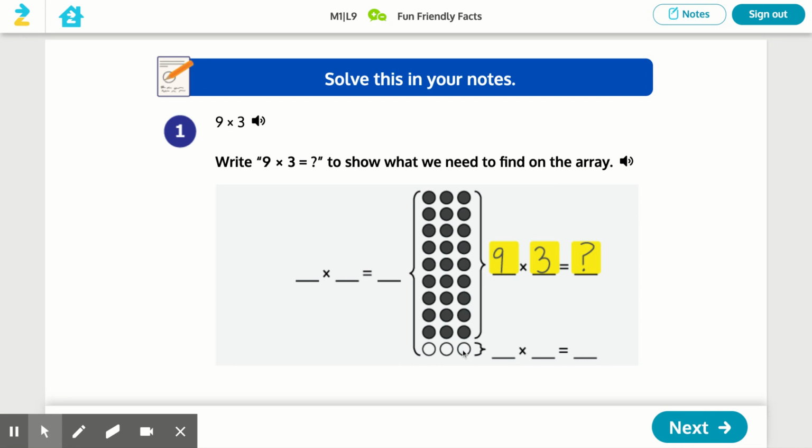The bottom array, please leave those open so that they look white. We've already been told that the top array multiplication expression is 9 times 3. So you can write that on one side. We're about to find out the rest. Teachers, please pause the video to give the students time to draw the array and write the multiplication equation for the first array.